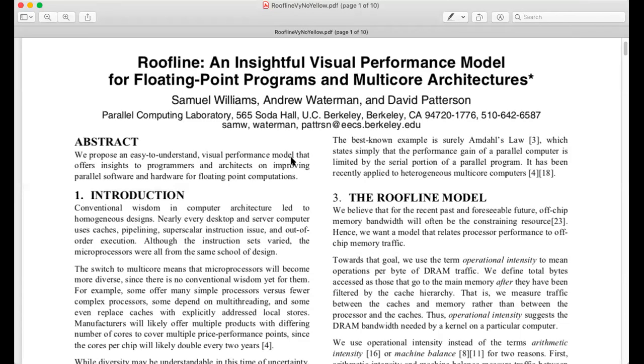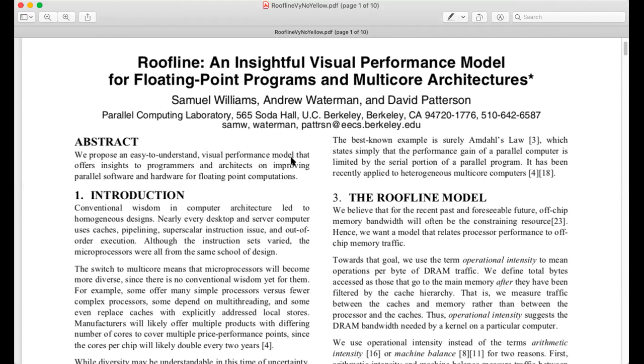Let me share. I will post this paper. It is an extremely cool paper, and you should all read it. When we are trying to optimize a program, that is, improve its performance, we keep trying things.